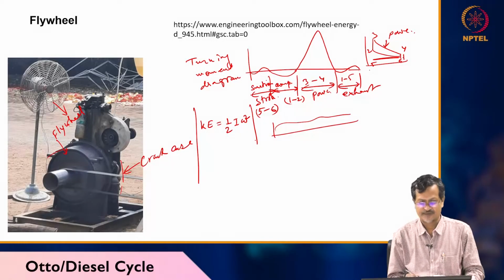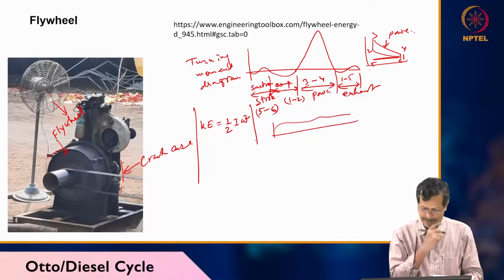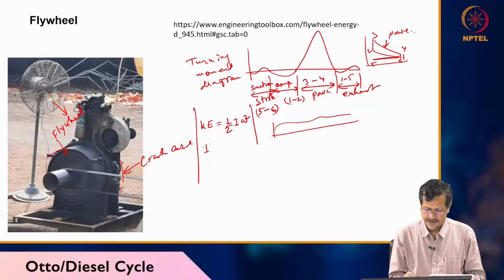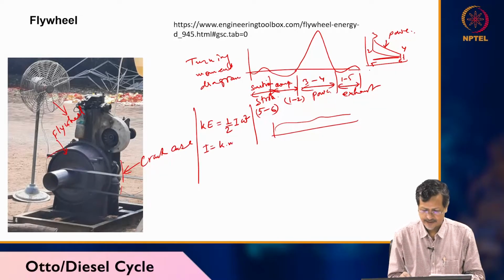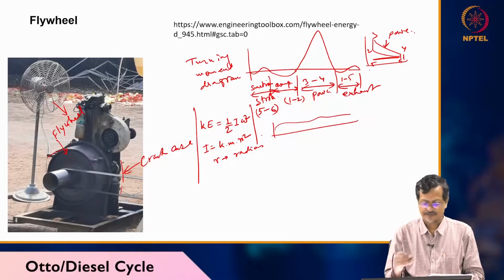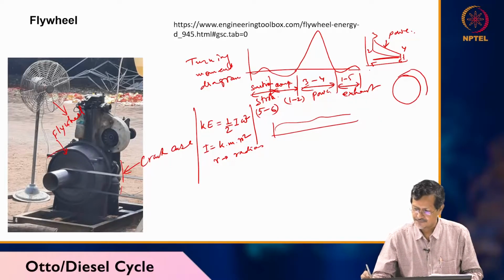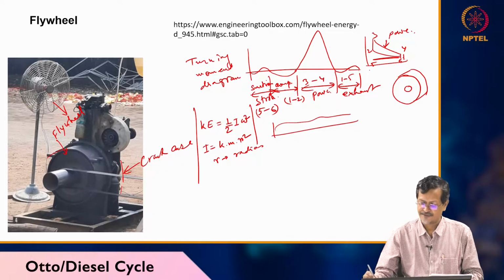I think it is coming from your plus 2 books, right? So half into I, where I means moment of inertia, and omega means rotational speed. What is I? I will be k m r square. What is r? R means the radius of the flywheel. The flywheel will be circular in shape, and a central hole may be there.